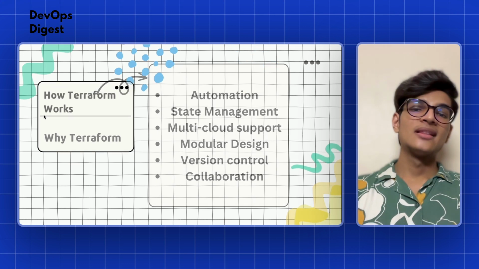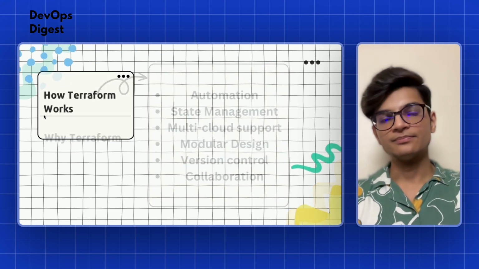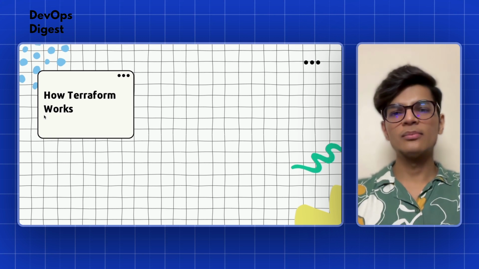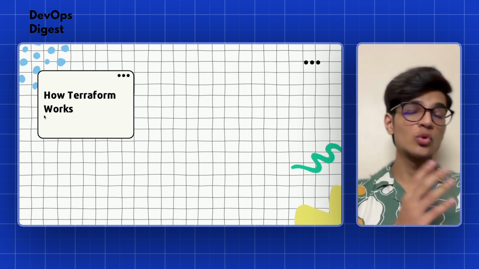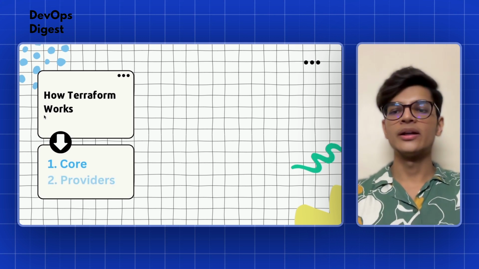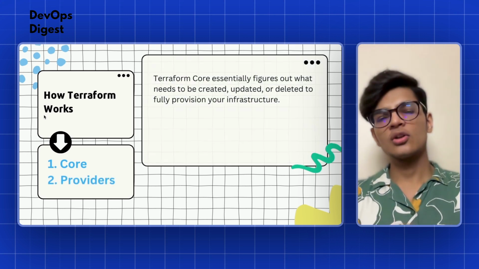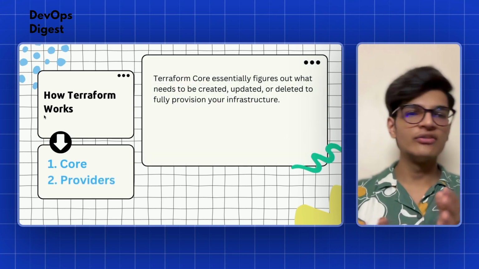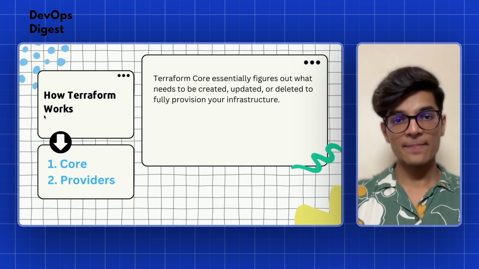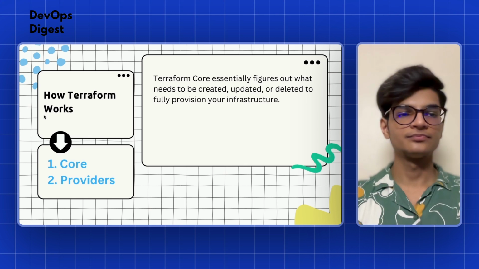All right, let's delve into the heart of Terraform, how it actually works. Terraform can be visualized as having two main parts, the core and the provider. The core is responsible for reading your configuration files, understanding the desired infrastructure state, and planning the execution.